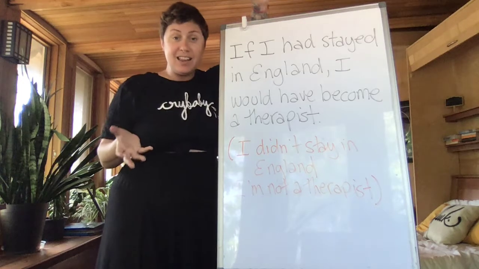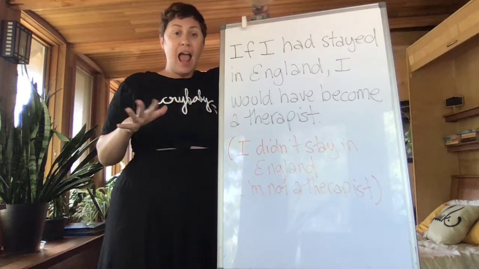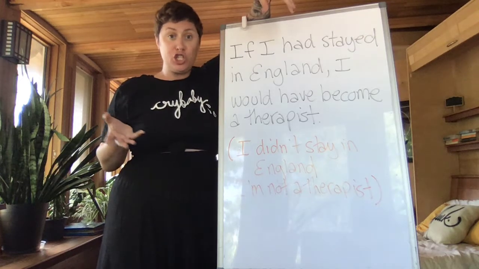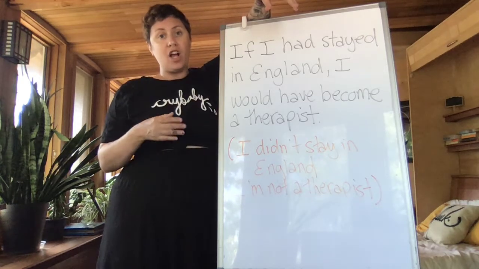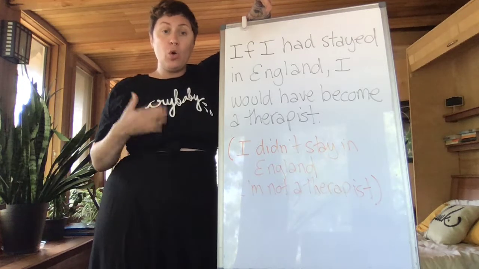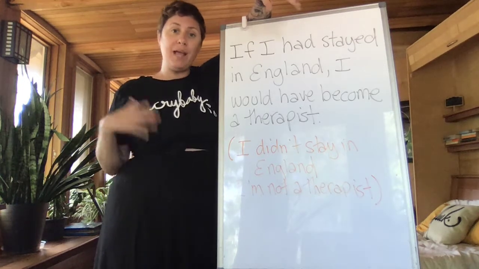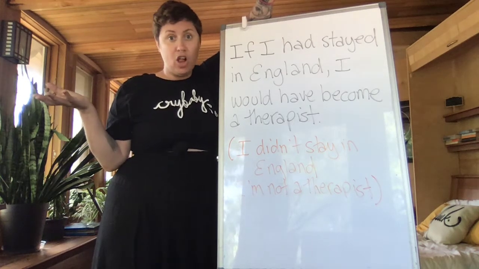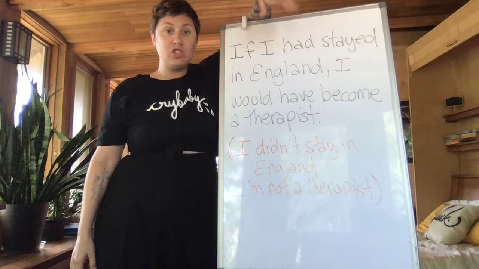Okay, so things you need to know about me. I lived in England for 5 years, and in that time I studied to get a psychology degree. I got my master's in psychology, and my plan was to apply to a PhD program and become a clinical psychologist. That was my plan.